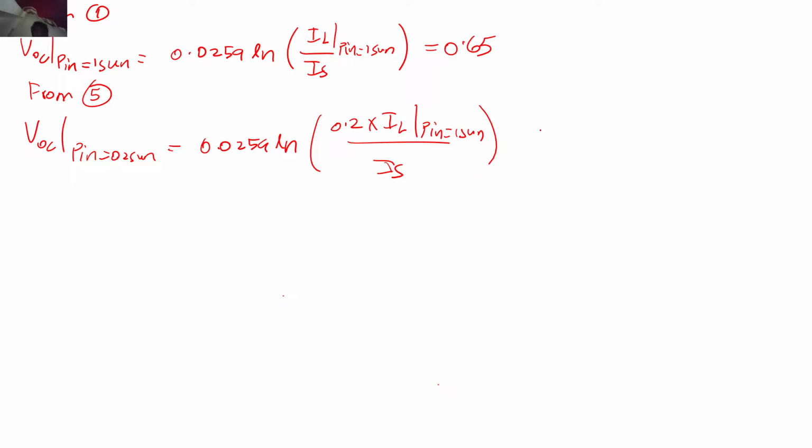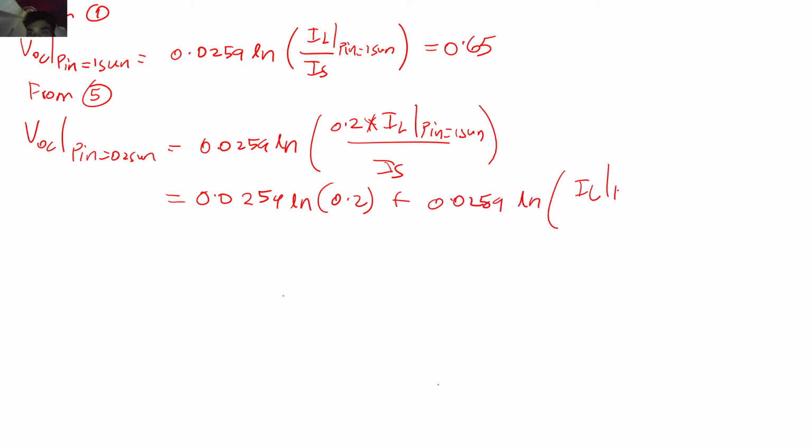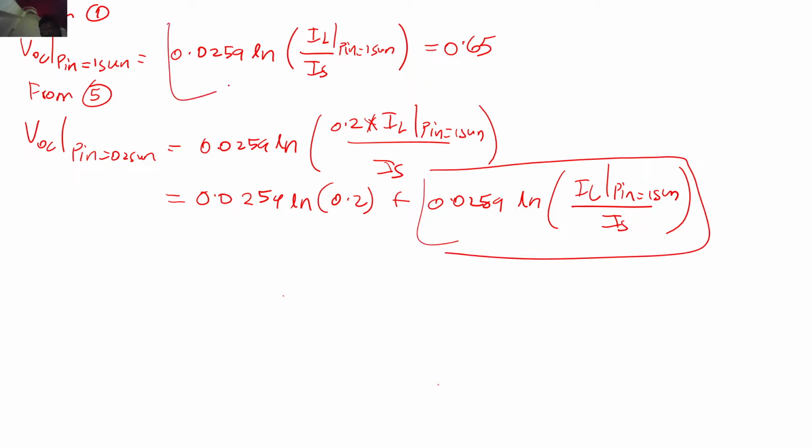Now there is a multiplication factor inside, so I can split the terms: 0.0259 times ln of 0.2 plus 0.0259 times ln of IL when P_in is equal to 1 sun divided by IS. Now I want you to compare this term and this term. They are exactly the same, and this is what they are asking.